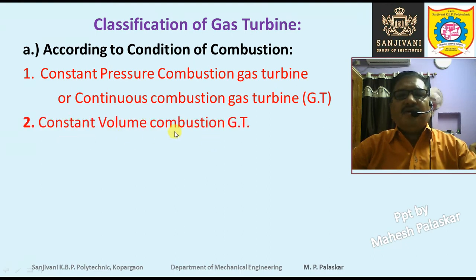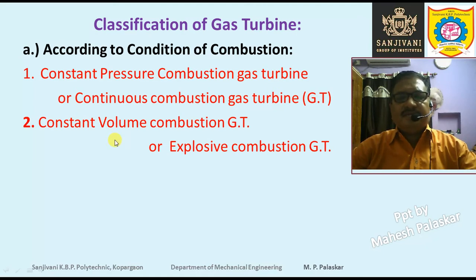Another type is the constant volume combustion gas turbine or explosive combustion gas turbine. In the constant volume combustion gas turbine, the combustion doesn't take place continuously, but there is an explosion. All of a sudden a large quantity of heat will be produced and a large quantity of fuel will be burned.